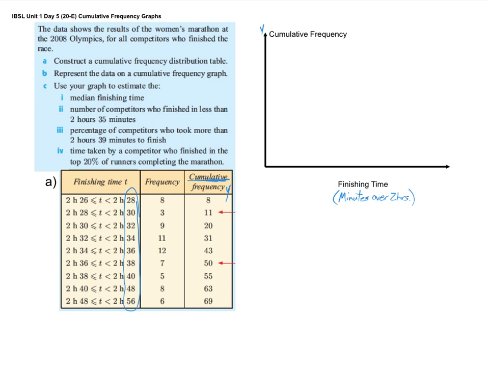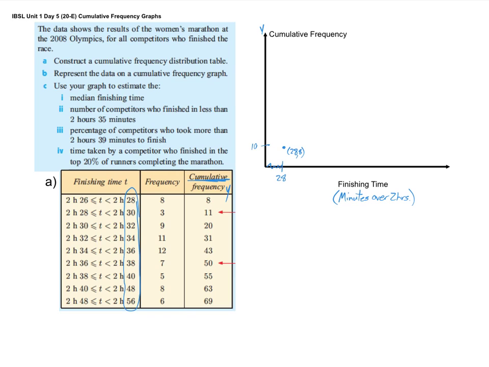So, for example, my first point is going to occur at 28 minutes. There's a total of 8 people who finished at 2 hours 28 minutes or below. So let's say that this is 10. So we'd have a point right here at 28, 8.